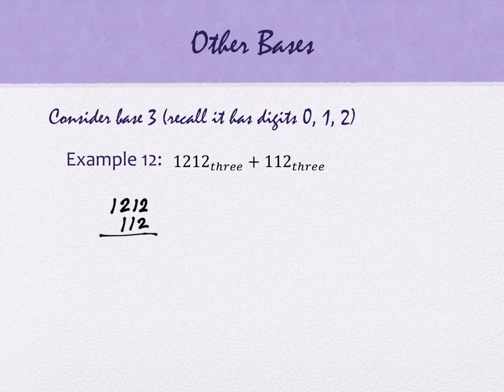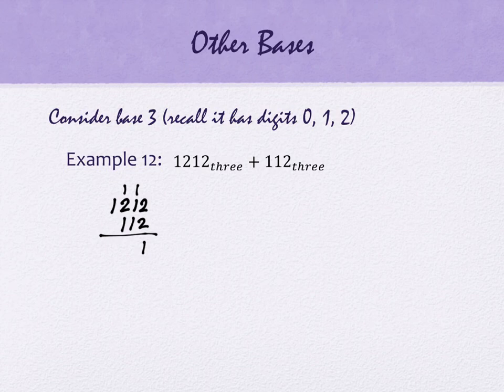I have 2 plus 2, which is 4, right? How many groups of 3 are there if I have a number 4? There's one group of 3, so I'll carry that 1 over. And how many's left? 1. So the 1 gets rewritten. Okay, in the second column, I have 1 plus 1 plus 1, which is 3. That's a group of 3.